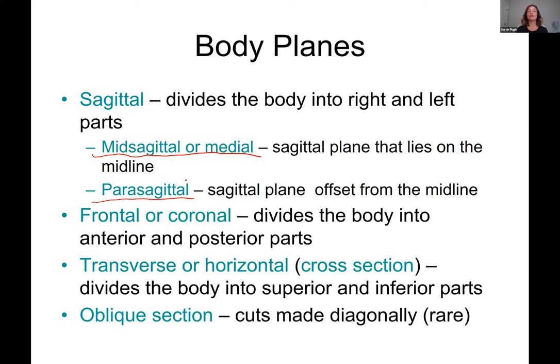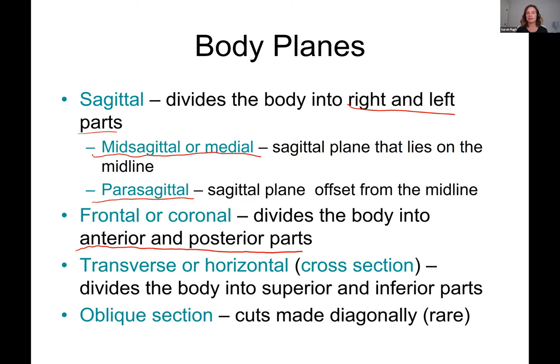We also have a frontal or a coronal cut. This is a type of cut where we would cut the body down the side, and the body would fall into an anterior and a posterior half. So it divides the body into a front half and a back half. And then we also have transverse, horizontal, or cross section.